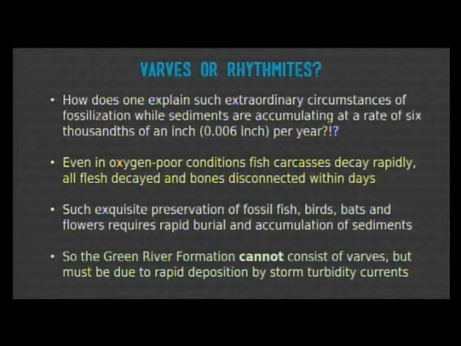Exquisite preservation of fossil fish, birds and bats and flowers requires rapid burial and rapid accumulation of the sediments. So the Green River Formation cannot consist of varves. Instead, it must be due to rapid deposition by storm events that swept these materials together in this lake. Well, do we know of such an event that produced rhythmites as a result of catastrophic deposition?